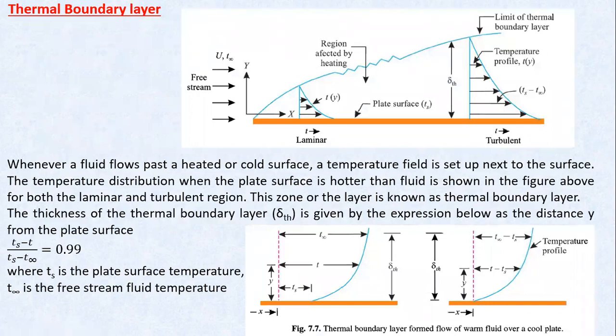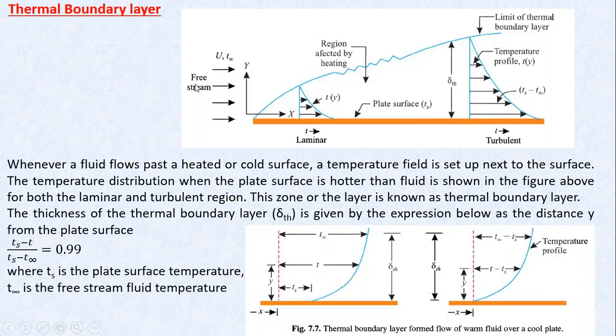Next, similar to the velocity profile, there will be a temperature profile when the fluid flows over a hot or a cold surface. That means when temperature comes into effect. Consider this picture, which shows a surface at a higher temperature than the free stream.